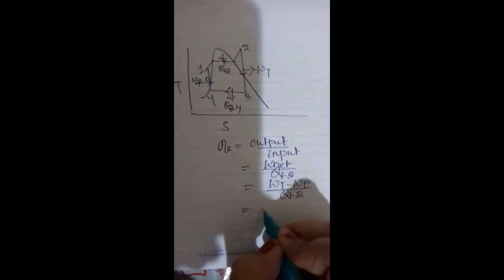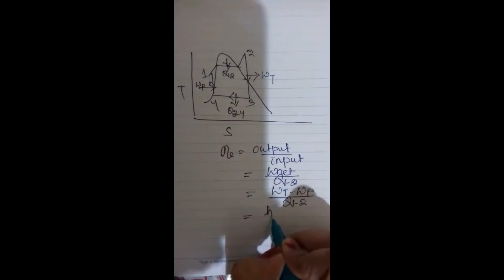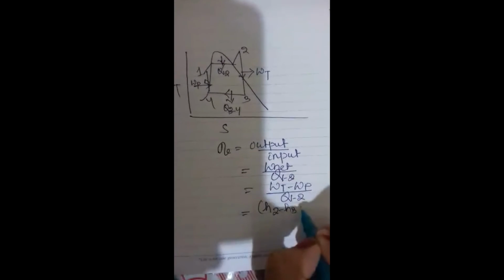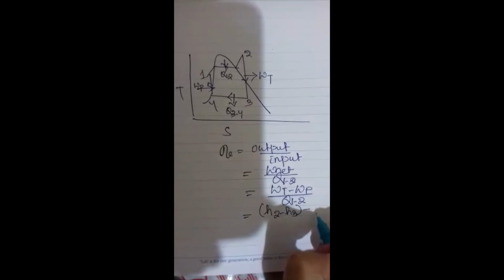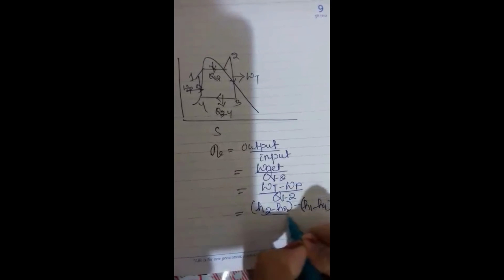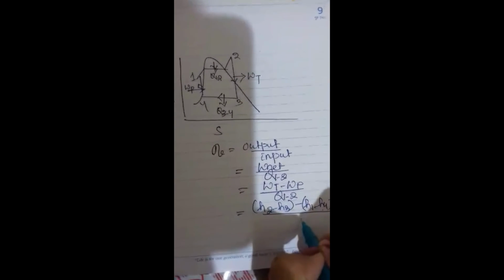So WT will be the enthalpy change in process 2 to 3, that is H2 minus H3. Similarly, the enthalpy change in the pumping process will be H1 minus H4, as H1 will be more after compression, enthalpy will be more, so H1 minus H4.